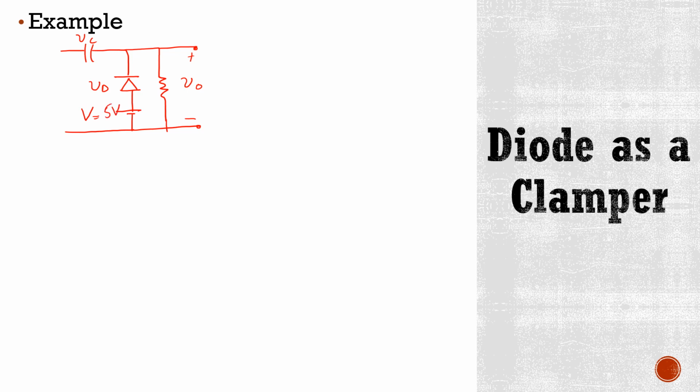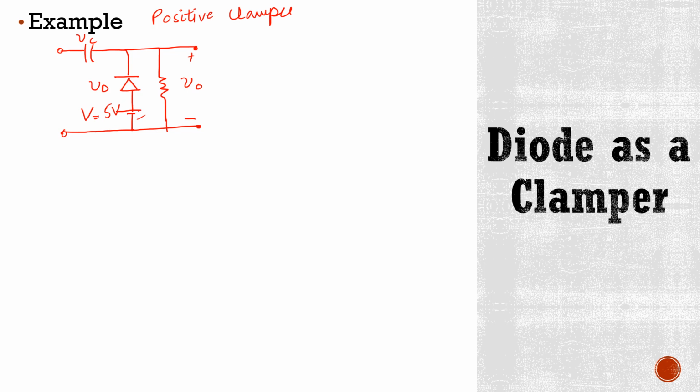We know from our previous example that if the diode is connected in this direction, then this clamper is positive. And since this DC battery is connected, this circuit is biased.